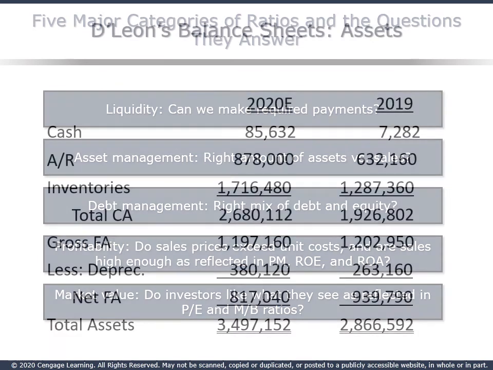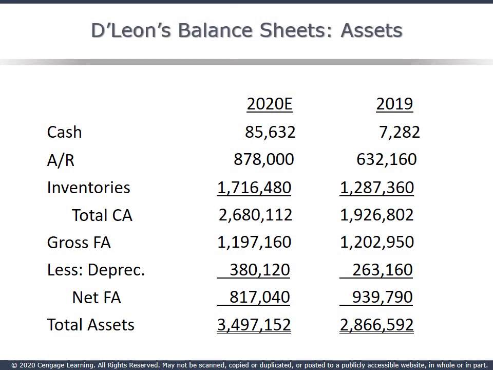So we'll be able to calculate various ratios in these different categories using our firm De Leon. Here we have balance sheets for 2019 as well as a forecast for 2020.